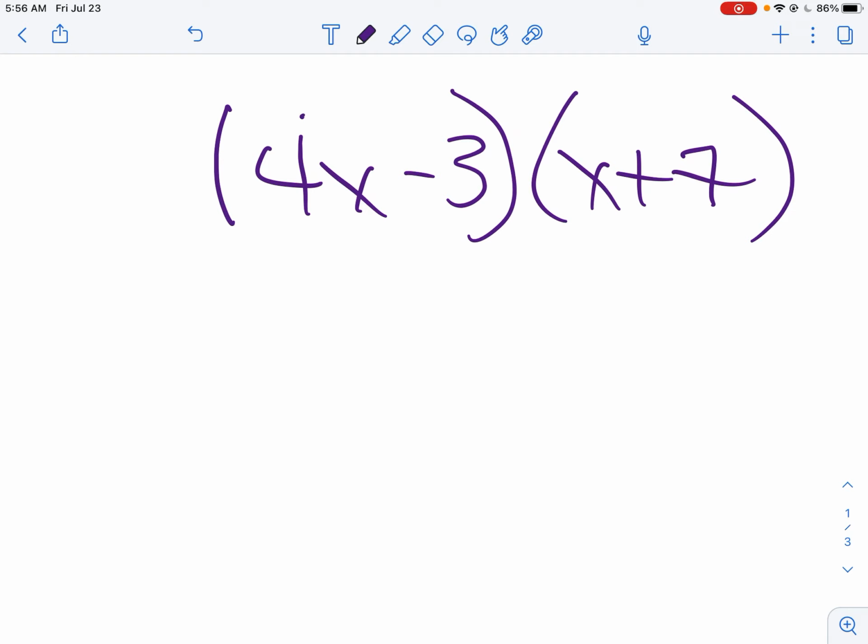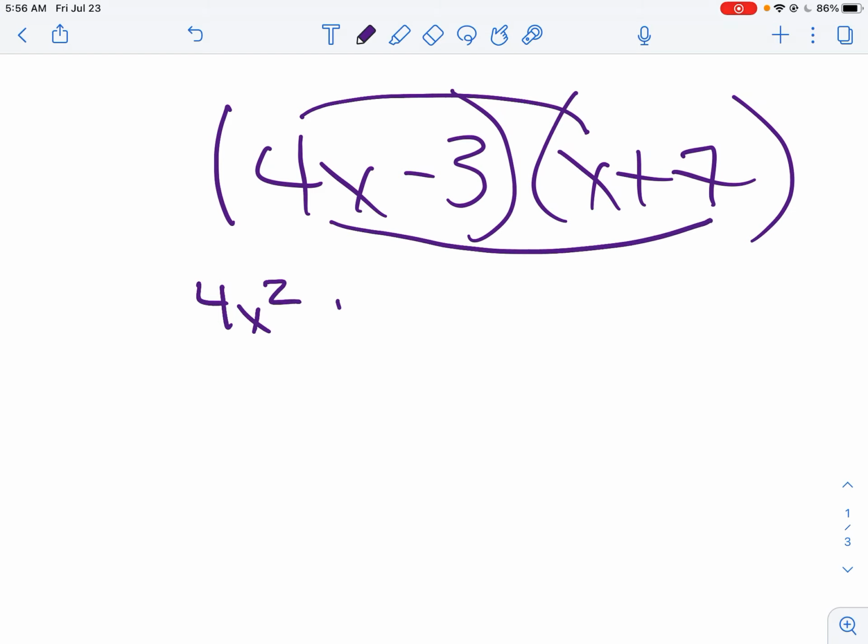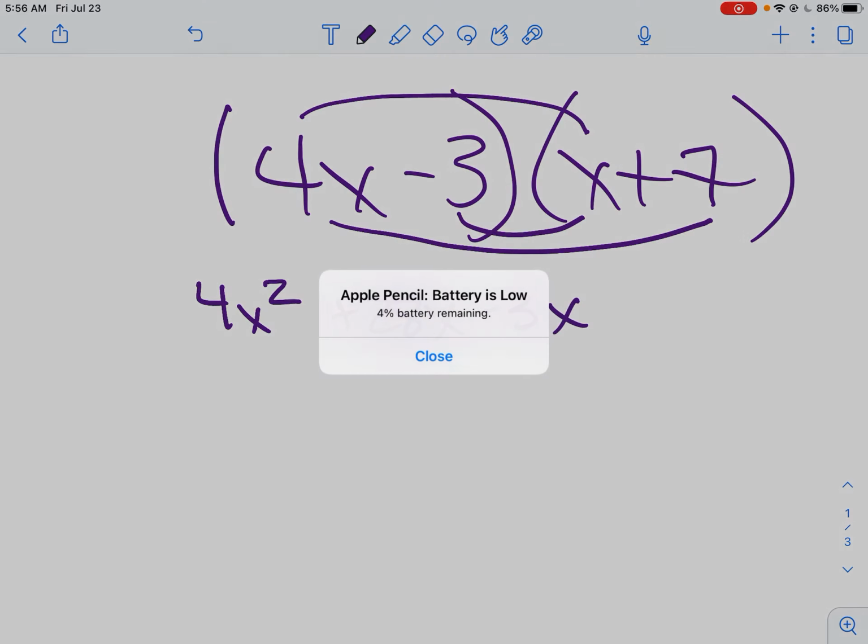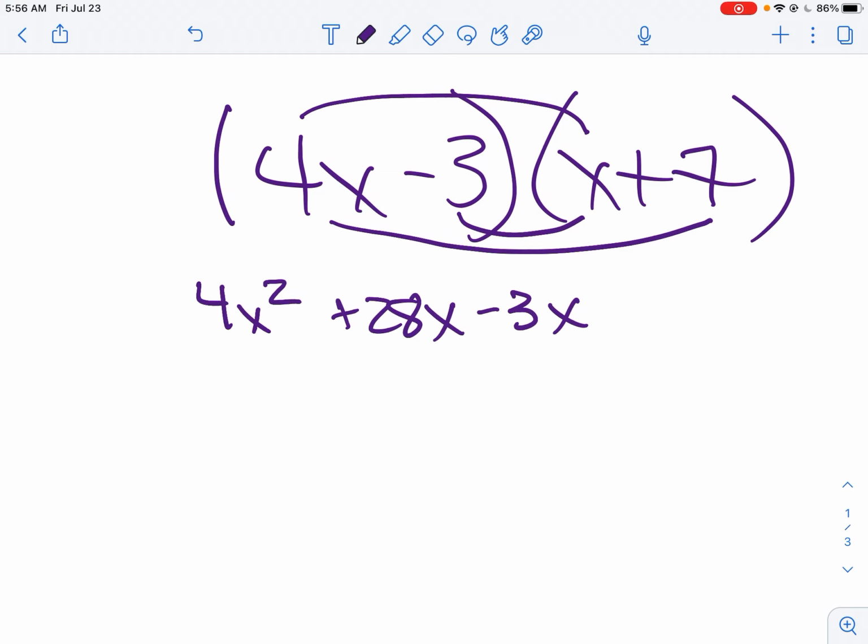On this one, I take the first two, and I get 4x squared. I take the outer ones, and I get 28x. I take the inners, and I get negative 3x. And then I take the lasts, and I get negative 21.